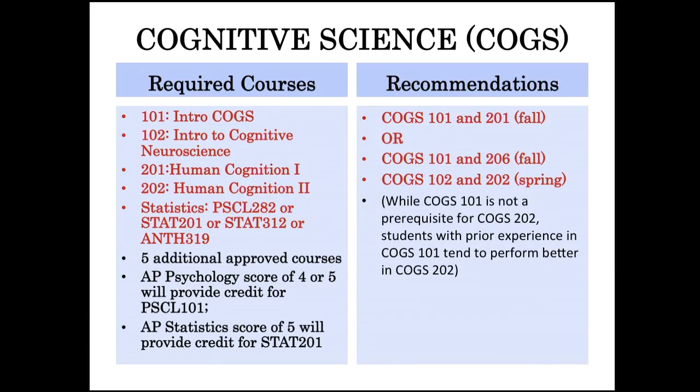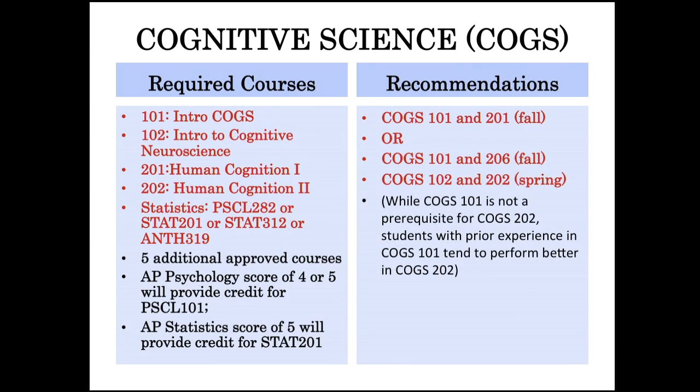As you can see, there are a series of required courses, and there's flexibility in the order in which you take them. So you would want to start with either COGS 101 or 102, and then you can also add on COGS 201 and 206, and in the spring 202.